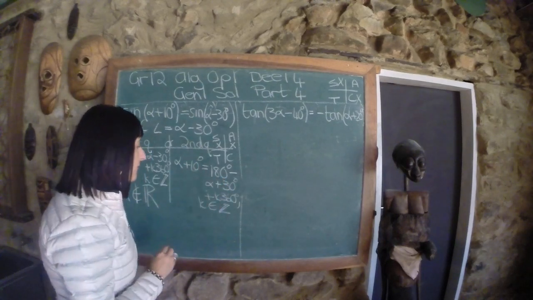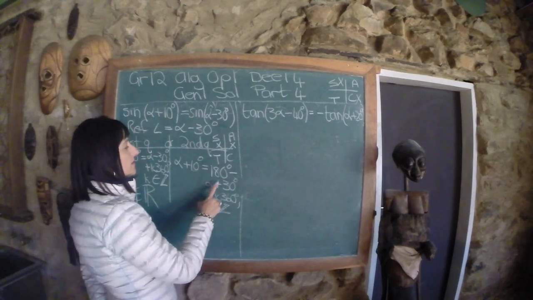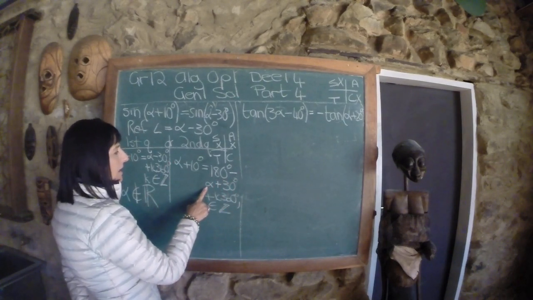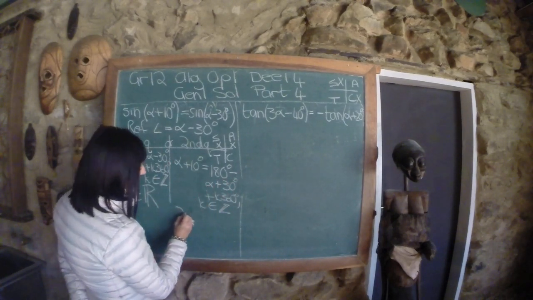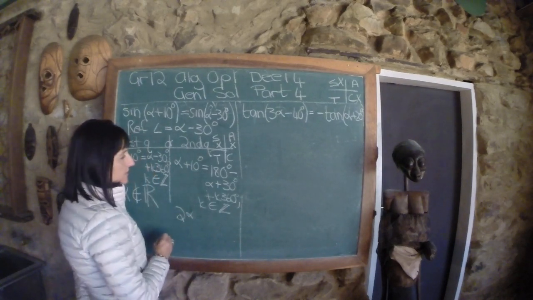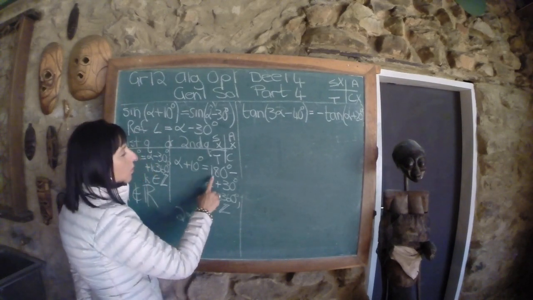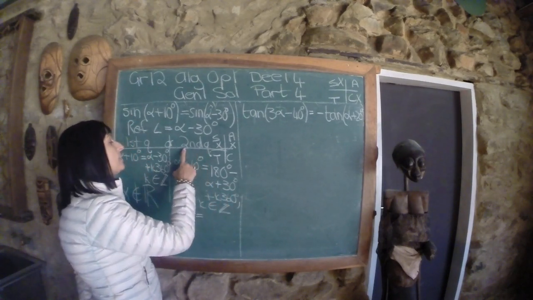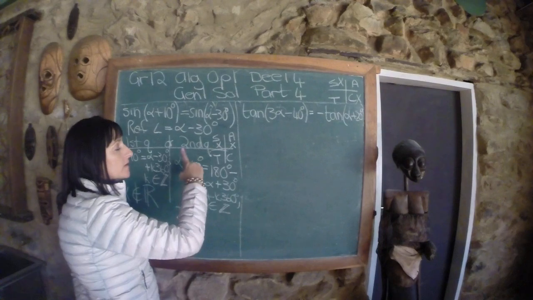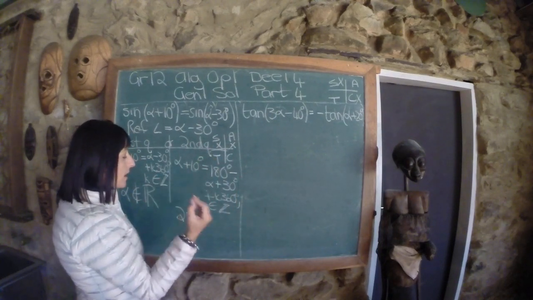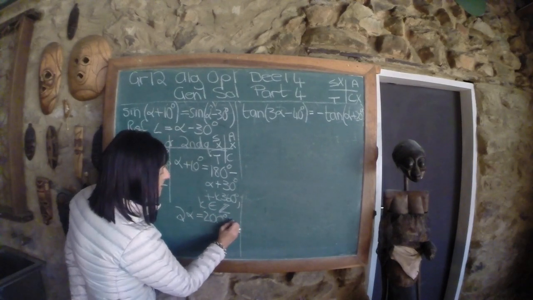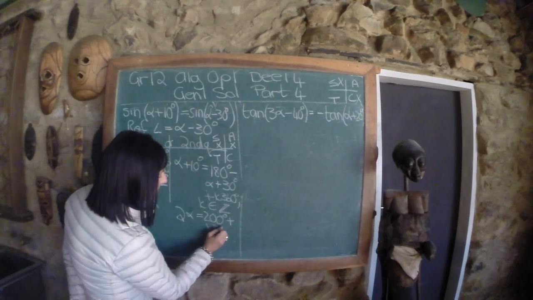And when I simplify that, take the alpha to that side of the equals to, the minus alpha becomes a plus alpha. So I've got 2 alpha on this side. And now 180 plus 30 gives me 210. If I take that plus 10 to the side, that side of the equals to, it's a minus 10. So it's going to be 200 degrees plus k times 360.